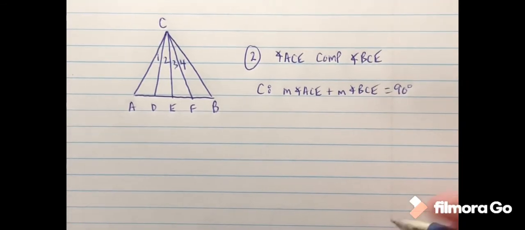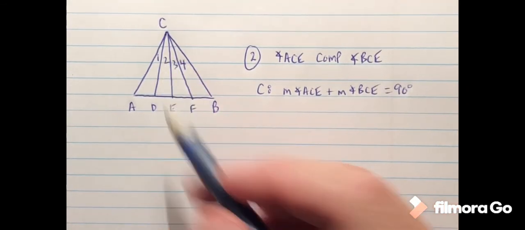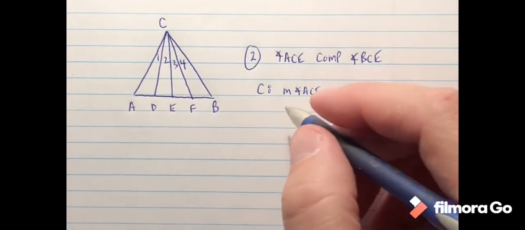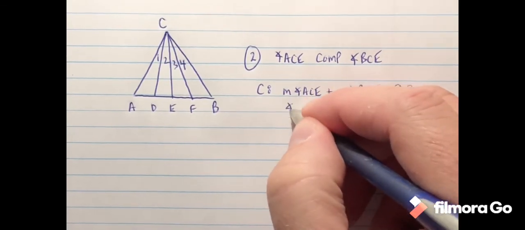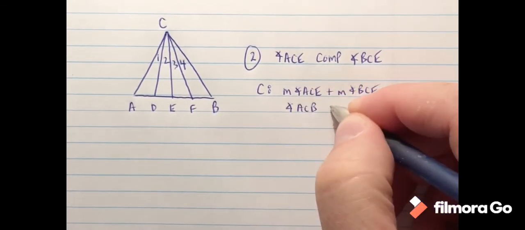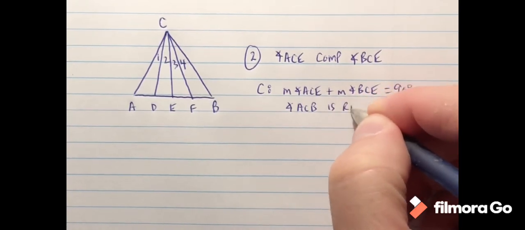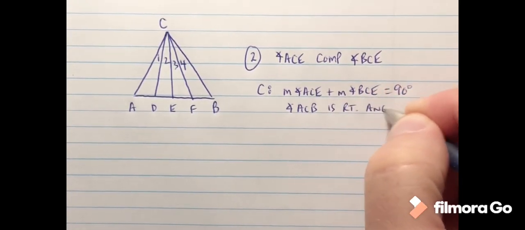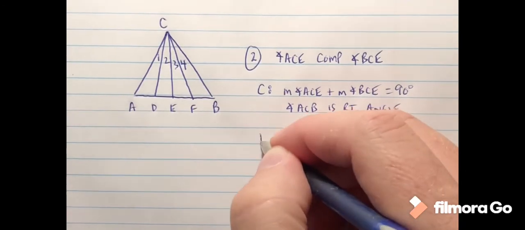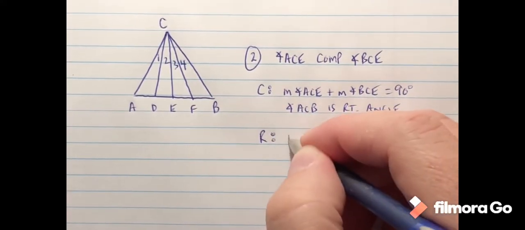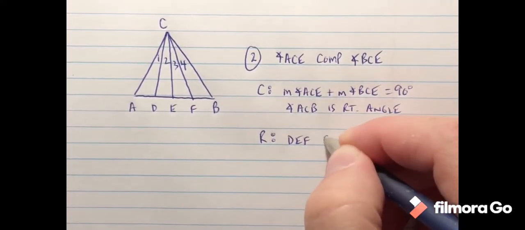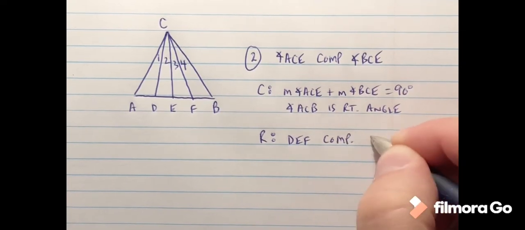We could also, since these two angles are adjacent to each other, say that angle ACB is a right angle. And our reason for both of those statements would be definition of complementary angles.